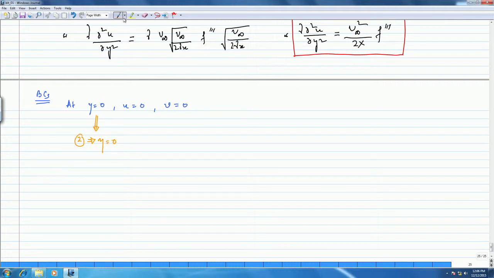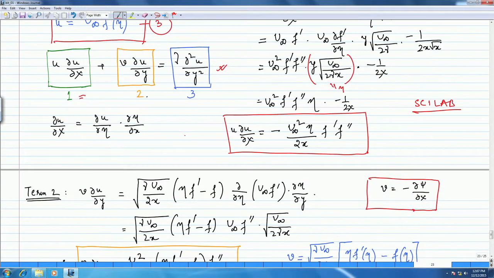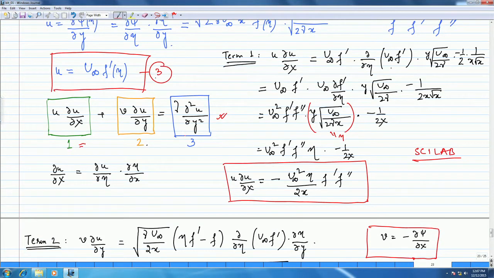Then we will go to u, and from expression 3, what this means is that f dash eta is 0. So if you go to the expression in 3, u is 0, so that essentially means that f dash eta is also 0.